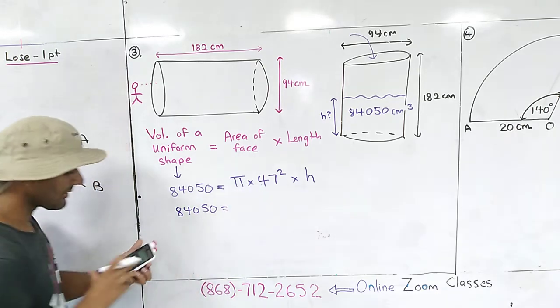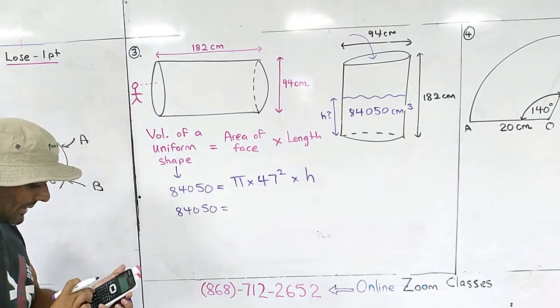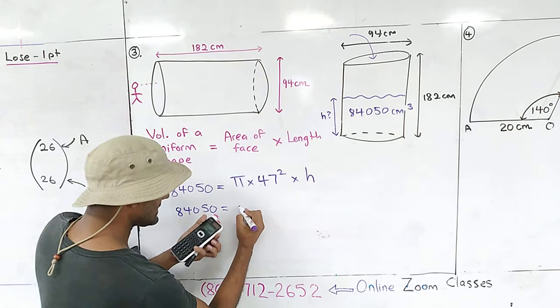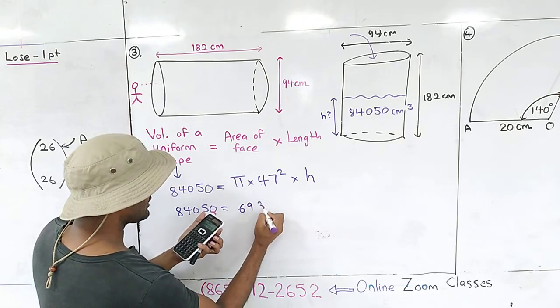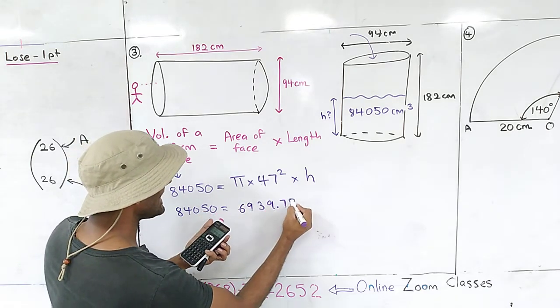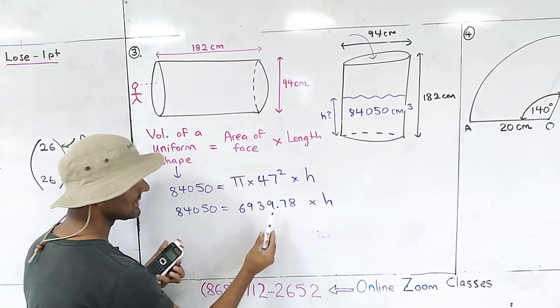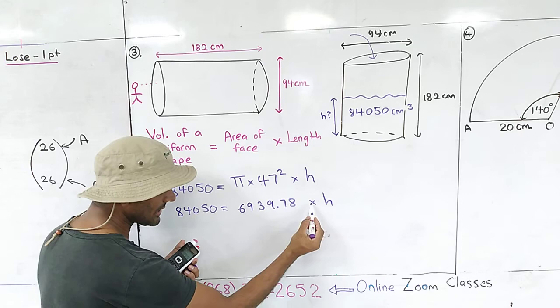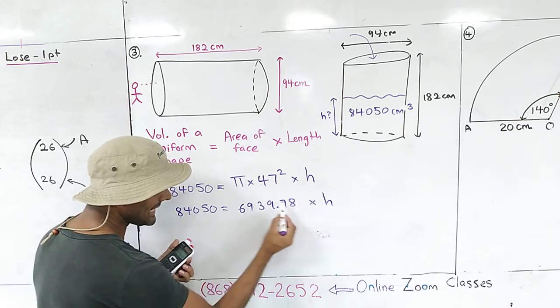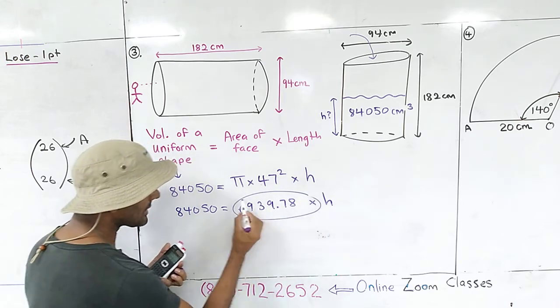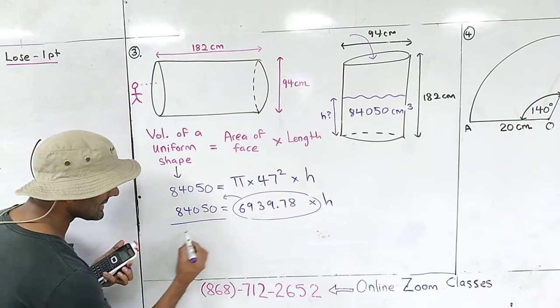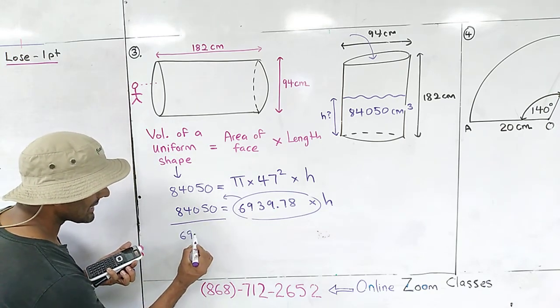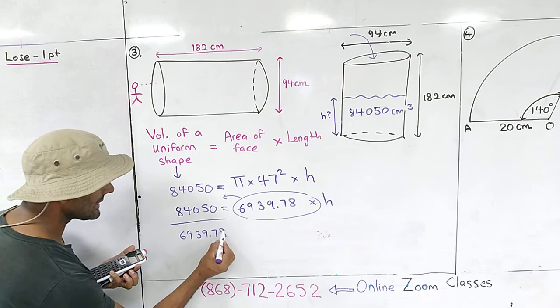Pi multiplied by 47 squared is 6939.78 multiplied by the height. When you work out this part, you get this crazy number, and it is being multiplied by the h. So when you throw across a multiply, guys, you'll remember what you get? A divide. 6939.78.